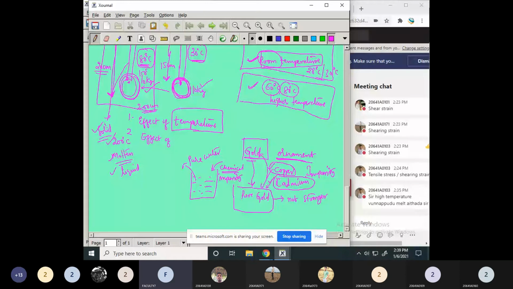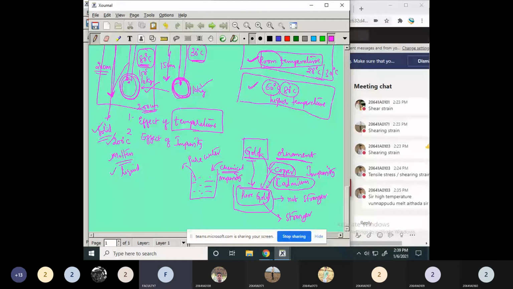Then what is the reason here? Now if you add the impurity to the gold, this gold will become stronger. It will become stronger. So now what is the effect you can mention here? It is the effect of impurity. So due to the addition of impurities, the elastic property or the mechanical properties will change.